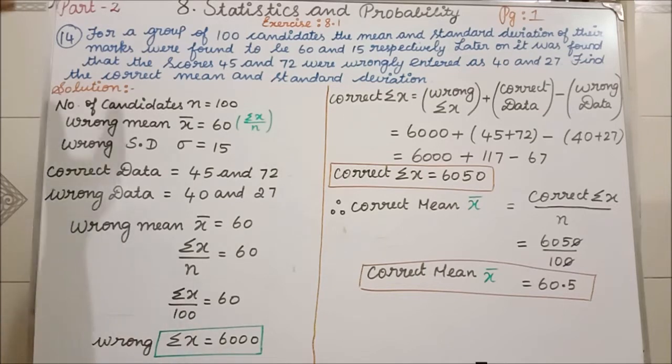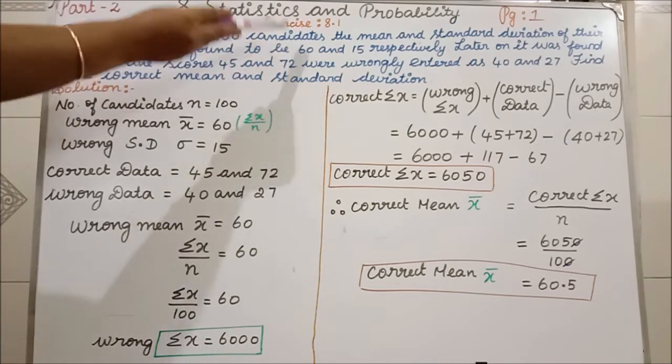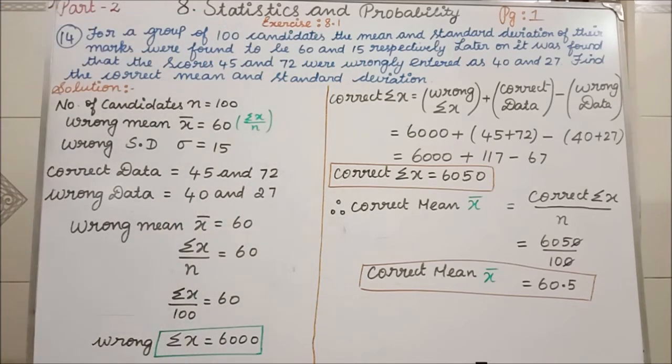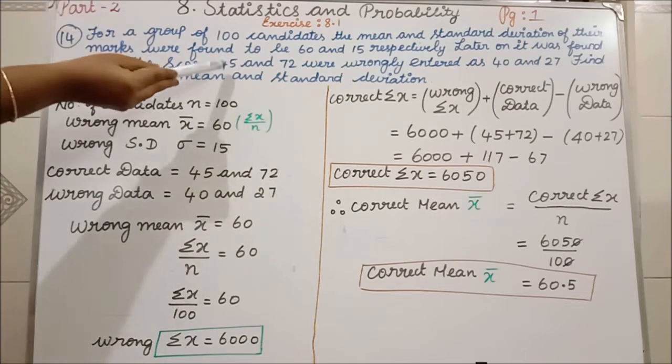Students, for a group of 100 candidates, they have calculated the mean and standard deviation, and got mean as 60 and standard deviation as 15. But later it was found that the scores of two students were entered wrongly.